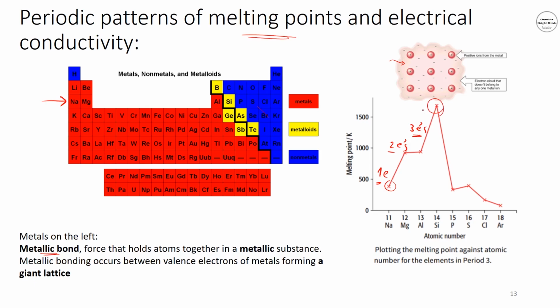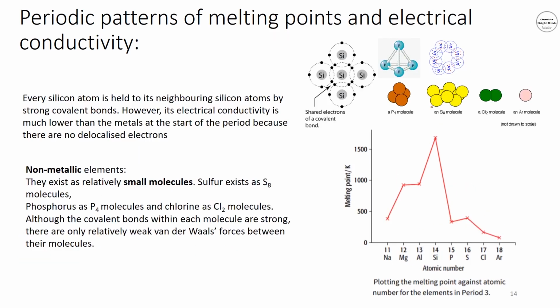But let's look at silicon. It has this giant lattice, and this giant lattice holds my atoms together through strong covalent bonds. So you can see here that although silicon is a metalloid, not a metal, it still has this strong covalent bond that holds my lattice together, and it makes a large giant molecule.